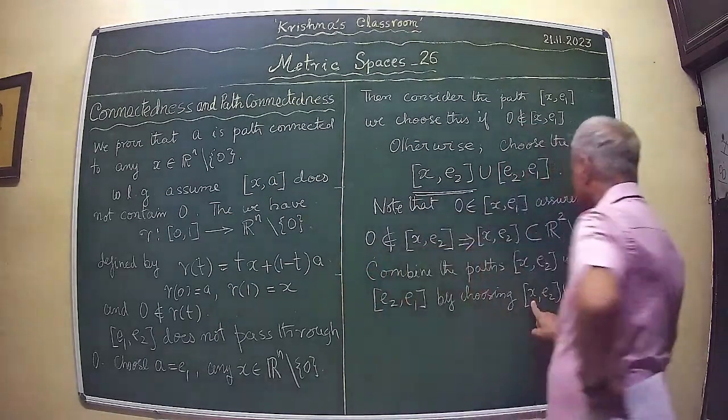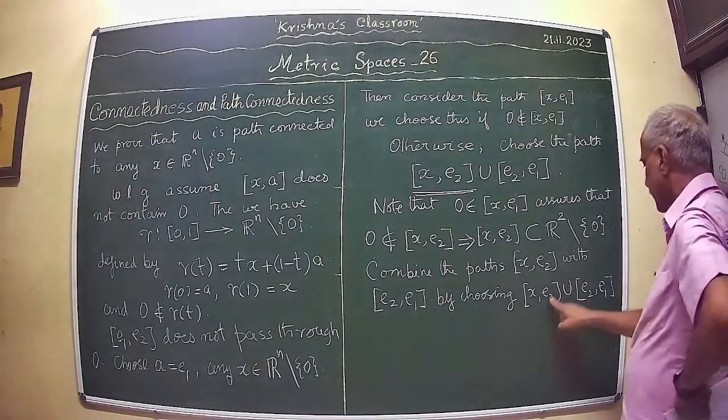So you first go from X to E2 and then E2 to E1.